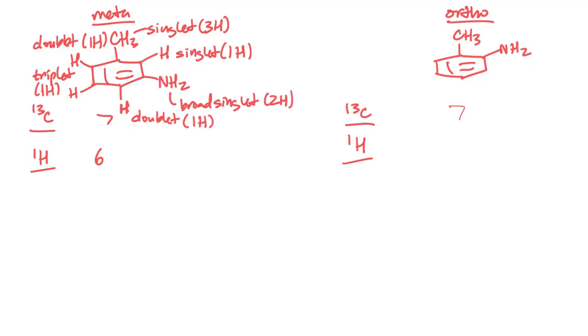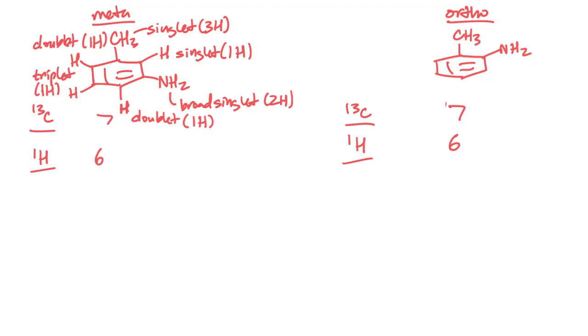What about the sets of hydrogen? Does it stay the same or does it change? This one's going to be 6 as well. So right now, just based on the bulk numbers, nothing has changed.